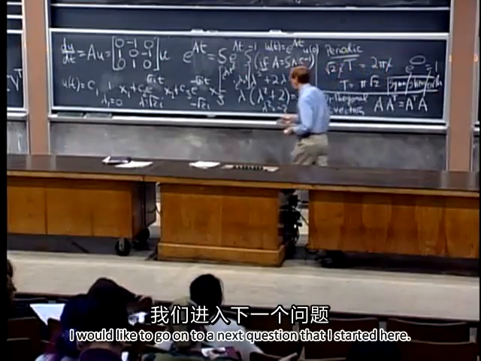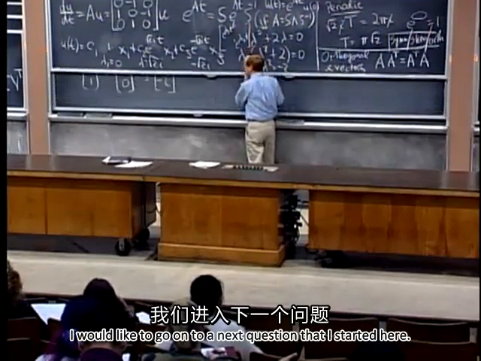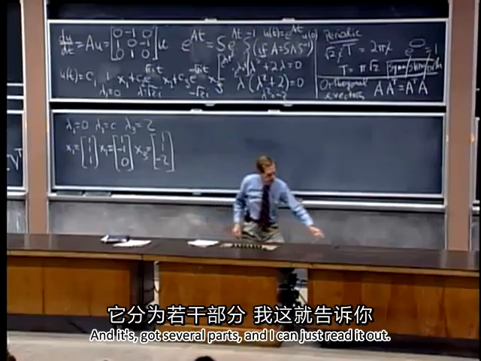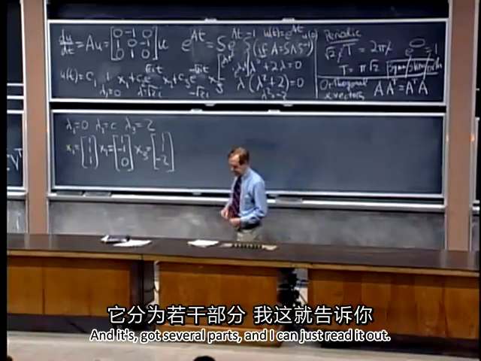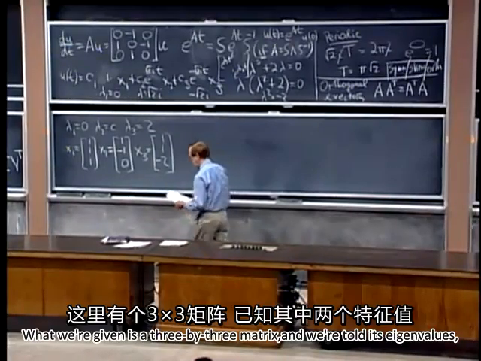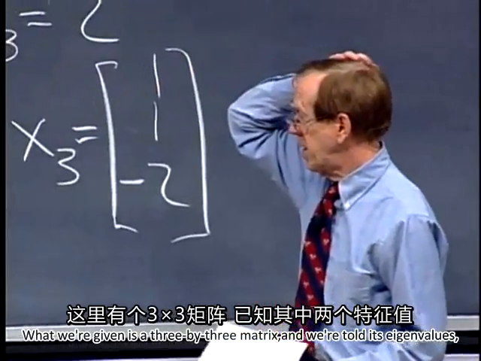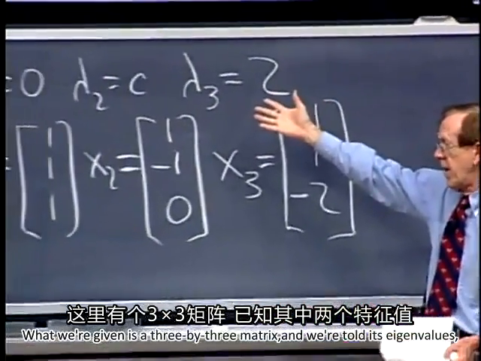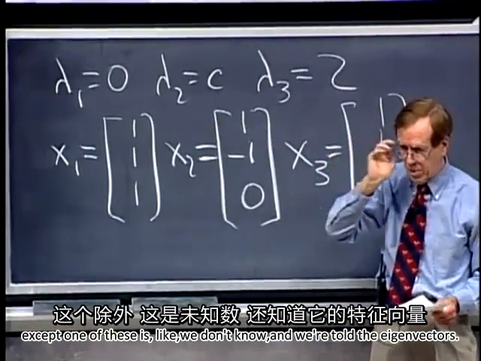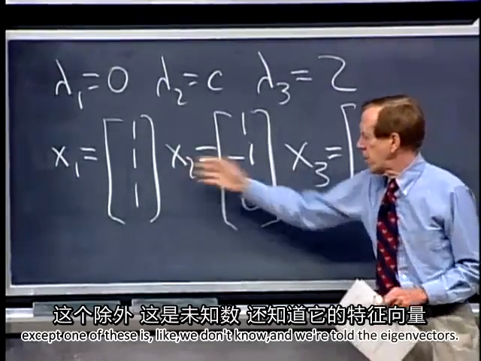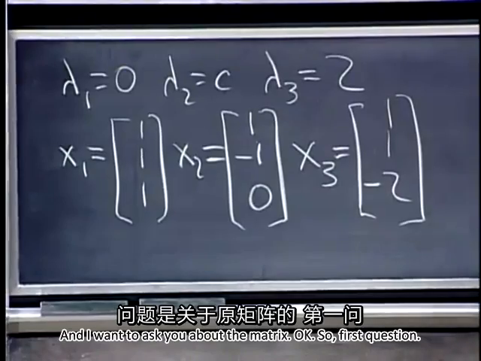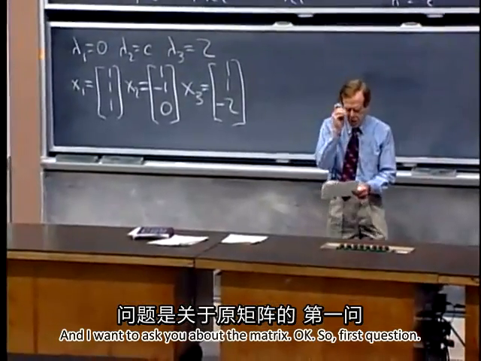I would like to go on to a next question that I started here. It's got several parts, and I can just read it out. What we're given is a 3 by 3 matrix, and we're told its eigenvalues, except one of these we don't know, and we're told the eigenvectors. And I want to ask you about the matrix. Okay. So, first question.